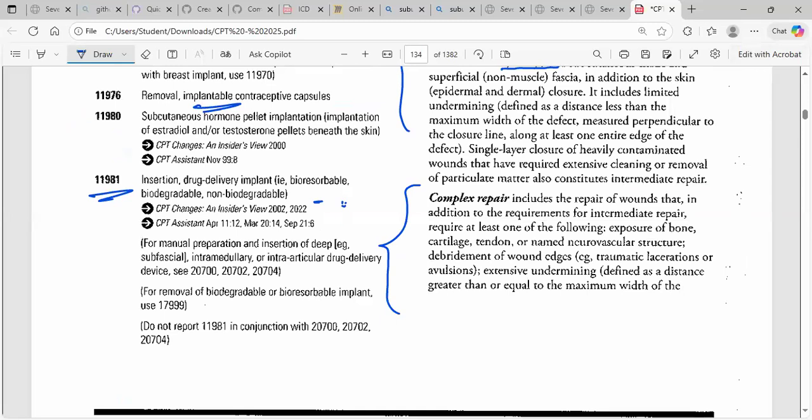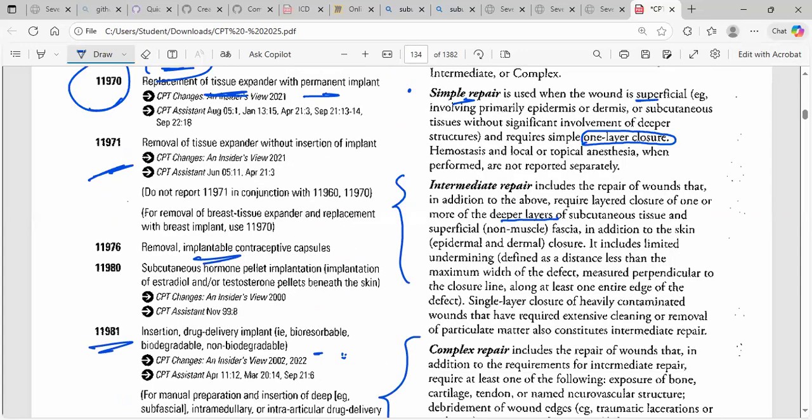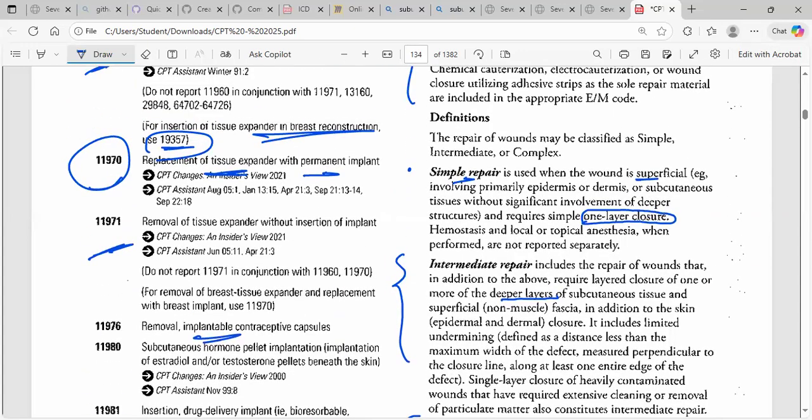So the difference between simple, intermediate, and complex repair is this: if there is a single layer closure without debridement and without undermining, we are going to consider it a simple repair. If a deeper layer has been closed, in more than one layer, then we are going to consider it an intermediate repair.